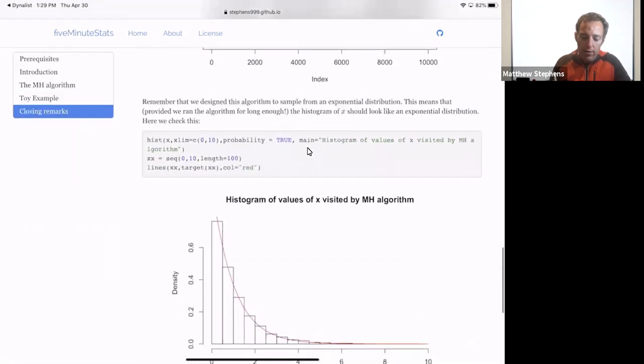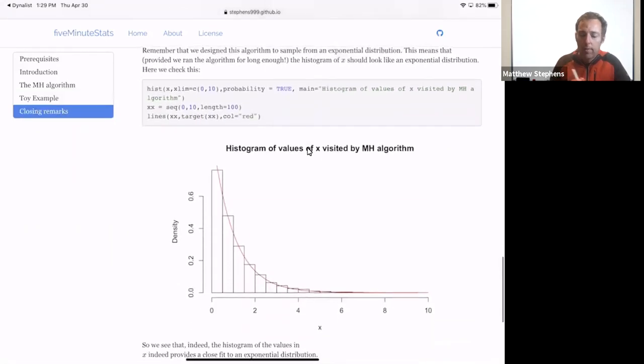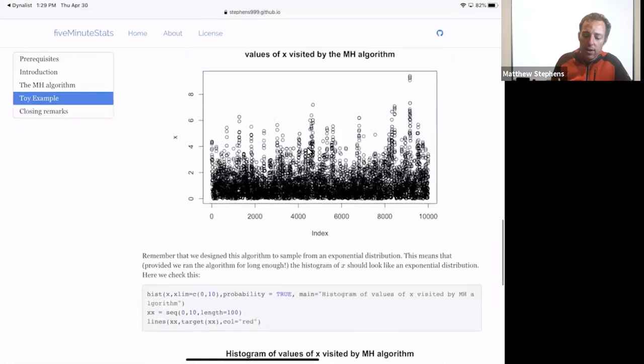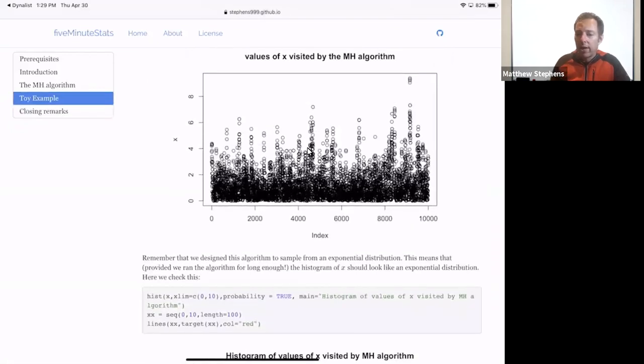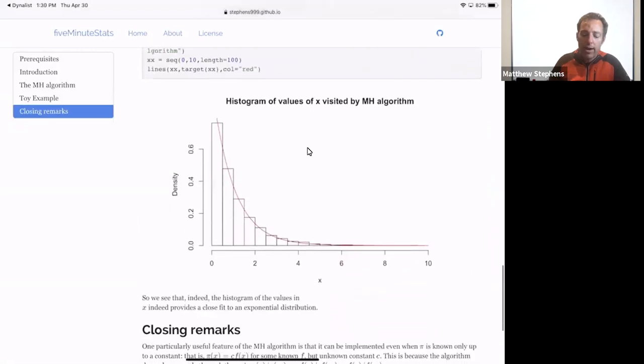And if we plot a histogram of the samples, you can actually see that a bit clearer. And the red line that's overlaid here is exactly the target distribution, the exponential distribution. So what you can see is that the proportion of time the Markov chain spends at any given location is proportional to the area under the exponential curve, right?